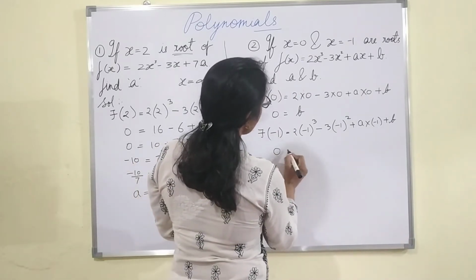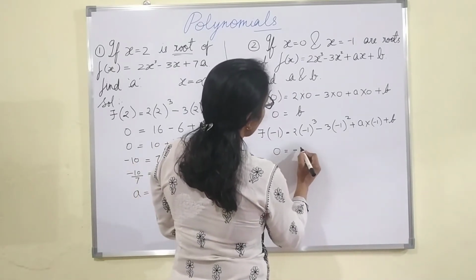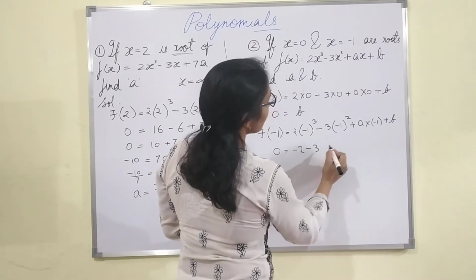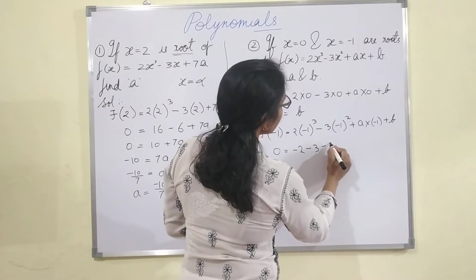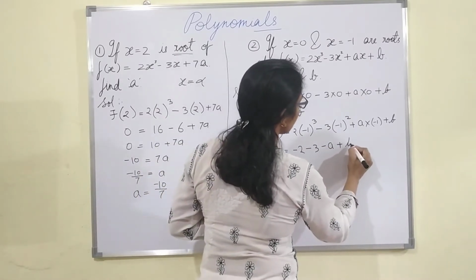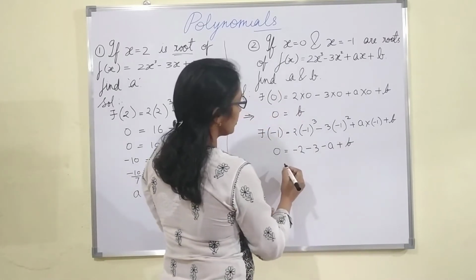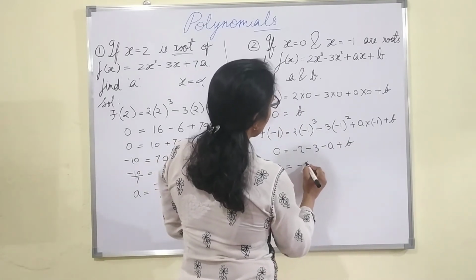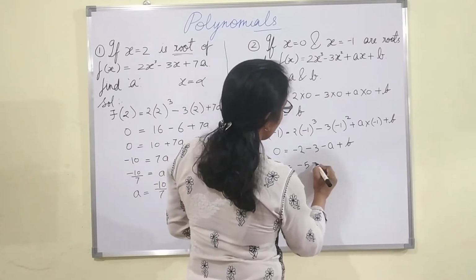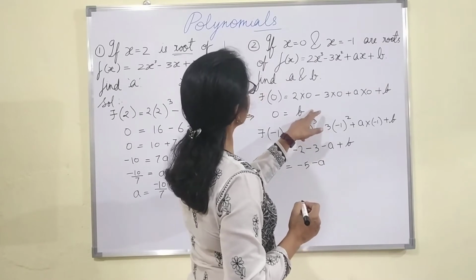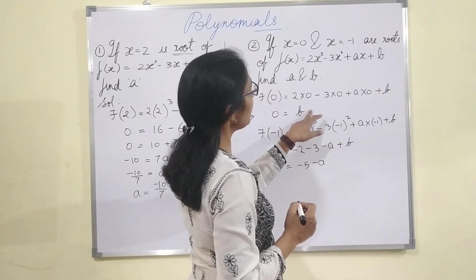So 0 = −2 − 3 − a + b. So 0 = −5 − a, and from the earlier solution we got b = 0.